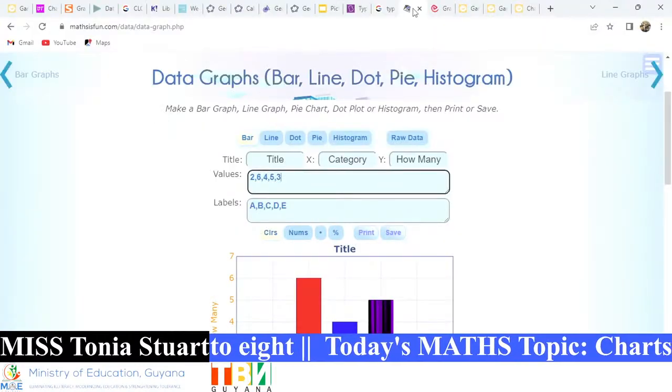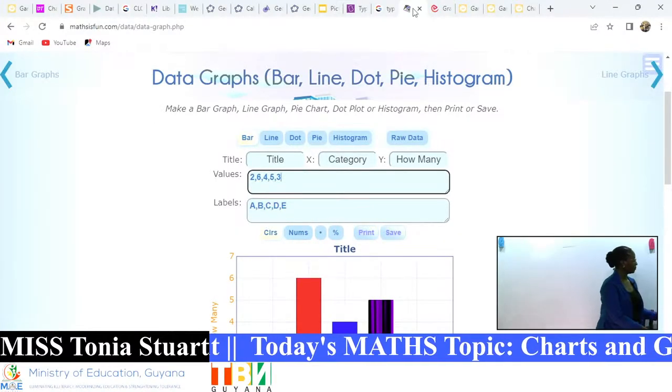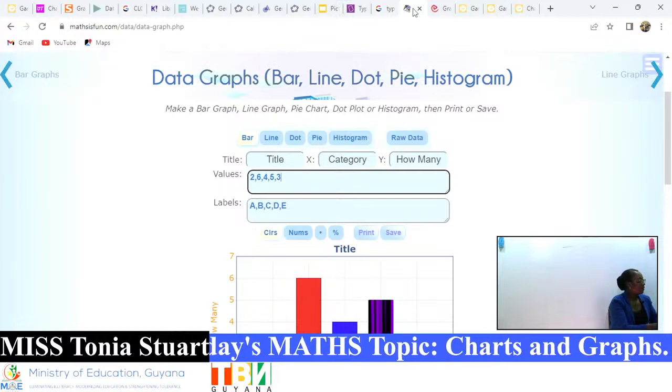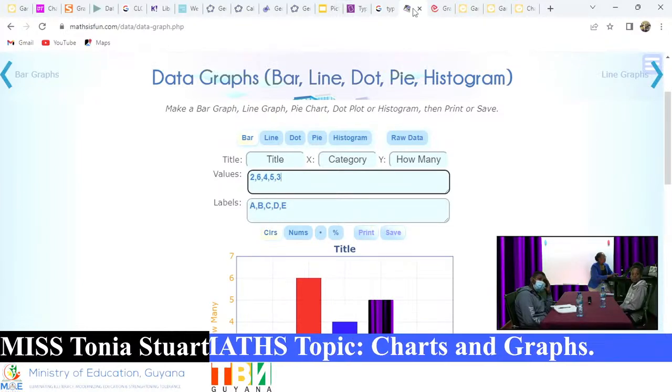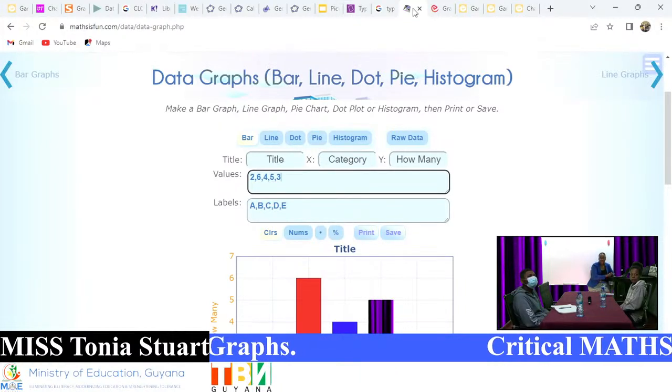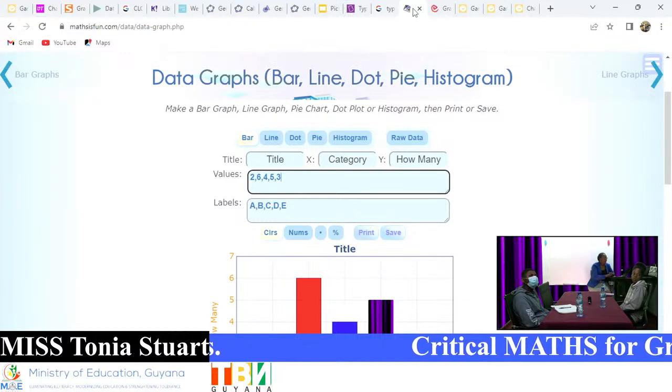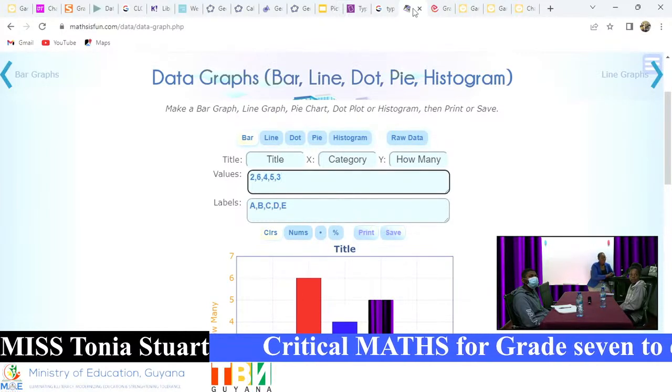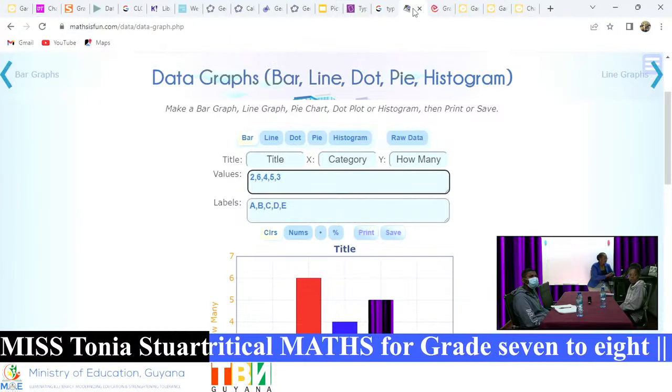Great? So let's go to the screen. Good. So here, you will also be telling me what you think a graph or a chart is. Alright? So pay close attention. Bear those things in mind so that at the end you can give me some information.